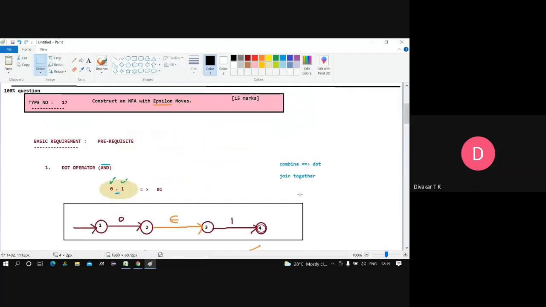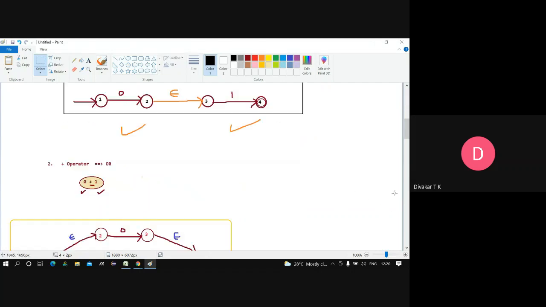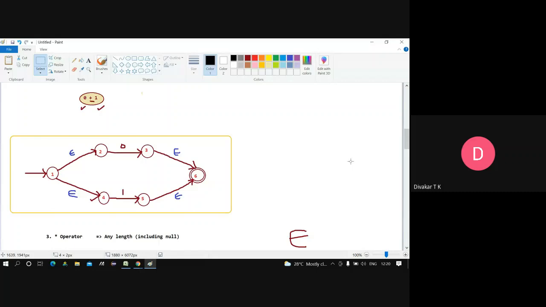Have a look at it, guys. Okay, now so this is dot operator. Have a look at it. Yeah, take a look at it. Plus operator quickly.